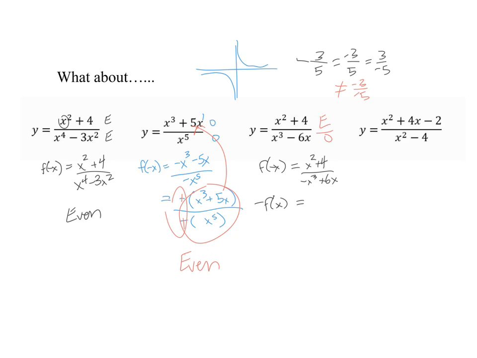So for this one, to make it negative, we either make the top negative, so let me write that, and we leave the bottom the same as it was originally. Or we could keep the top the same and make the bottom the negative of the original.